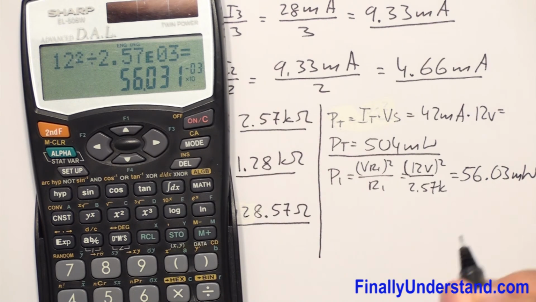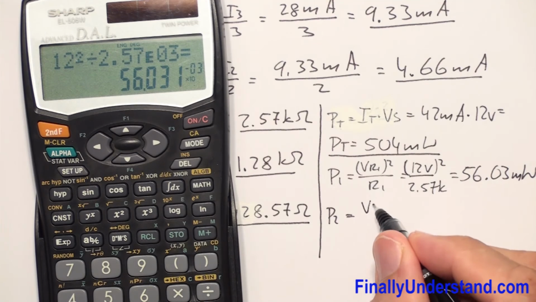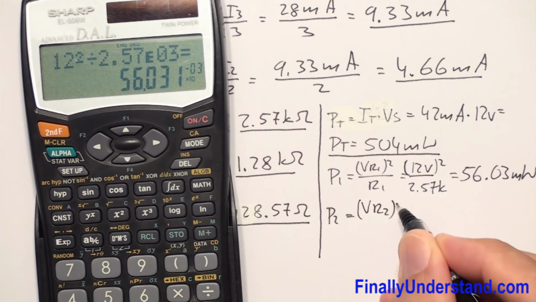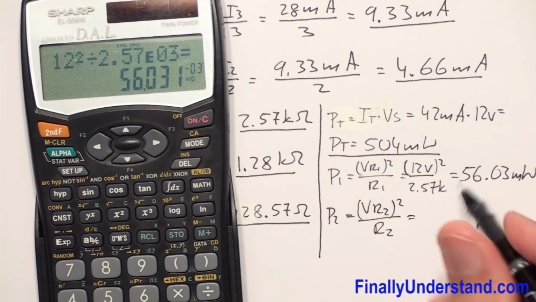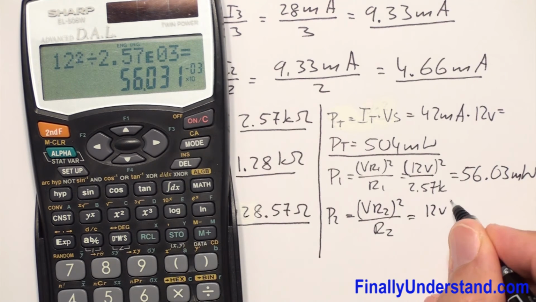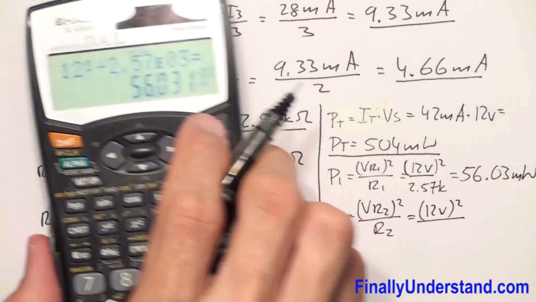milliwatts. Okay, now P2 is equal to VR2 to the second power over R2, which is equal to 12 volts to the second power over R2.